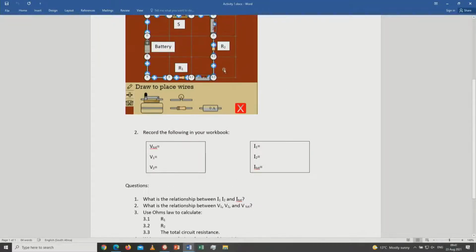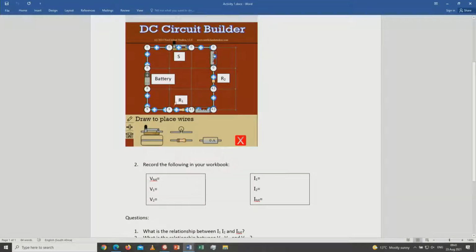And here I already have a screenshot of that, so that when we refer to R1, R2, etc., you can be able to do that.